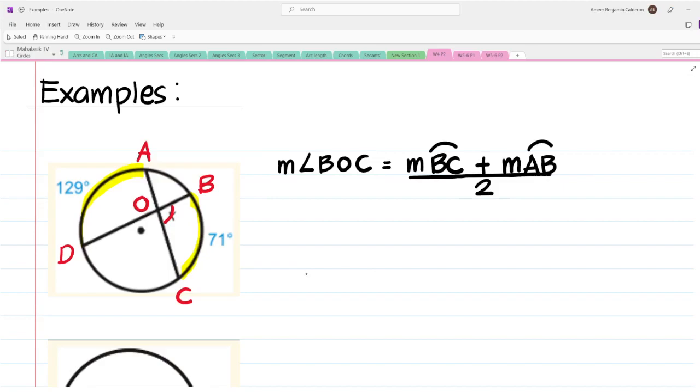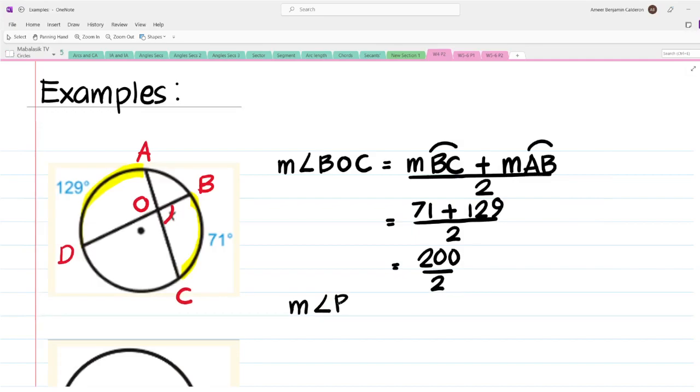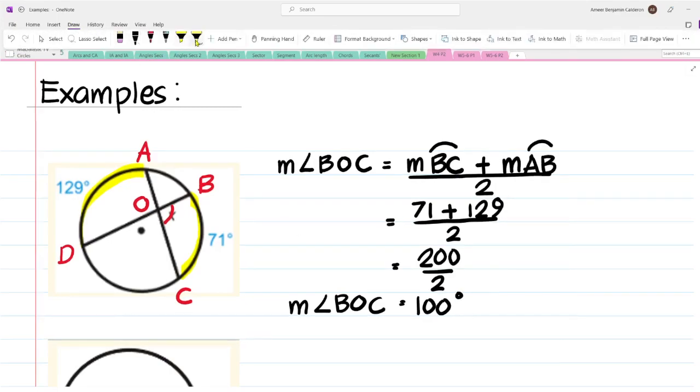So this will be our equation such that we can identify the measure of angle BOC. Substituting the values, the measure of arc BC is 71 and the measure of arc AB is 129 over 2. So that is 200 over 2, which will give us the measure of angle BOC, which is equal to 100 degrees. That is our final answer.